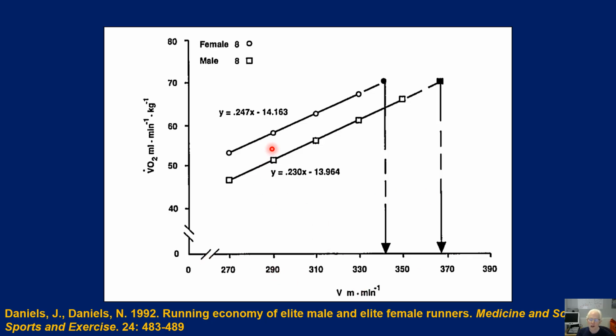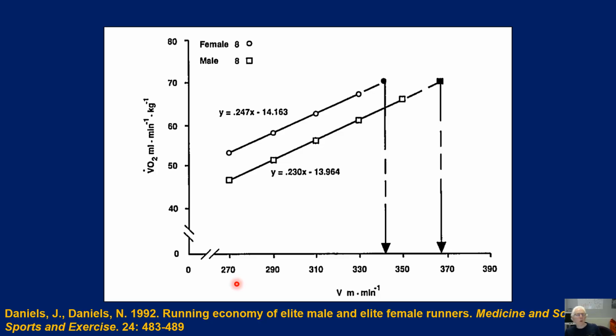But just look at the submaximal data between the two population groups. And so what you can see here is that our females are less economical than our males. So at the same running velocities, they call them, but they're the same running speeds, it's probably treadmill based, you can see there's quite a significant difference between the two groups.